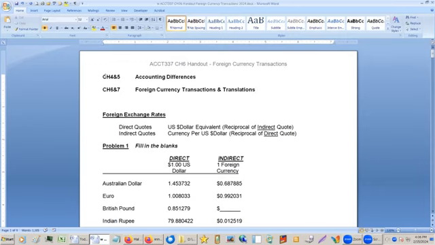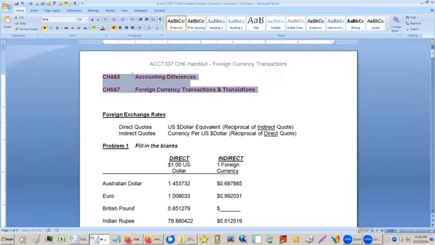So this one is that the accounting rules are different, and this one is that the money is different. So these are going to be the two.